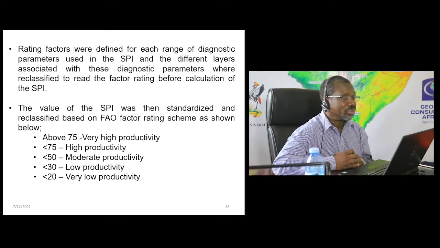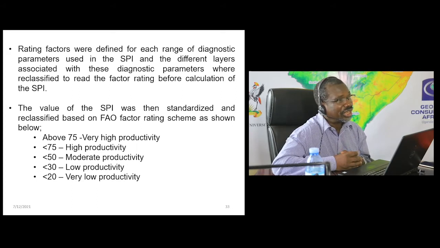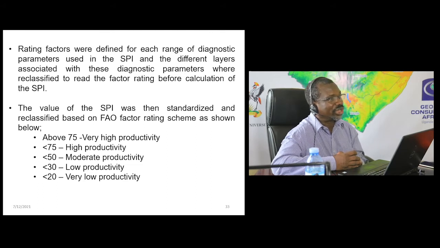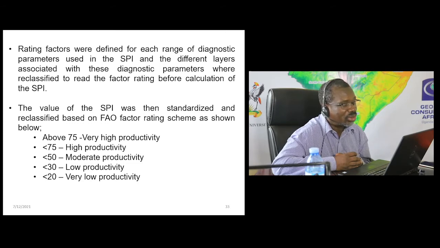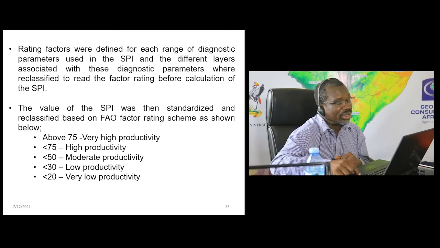The soil productivity was standardized, and then we reclassified it using the FAO factor rating scheme, which shows that less than 20 was very low productivity, less than 30 low productivity, less than 50 moderate, less than 75 high productivity, and above 75 was categorized as very high productivity.